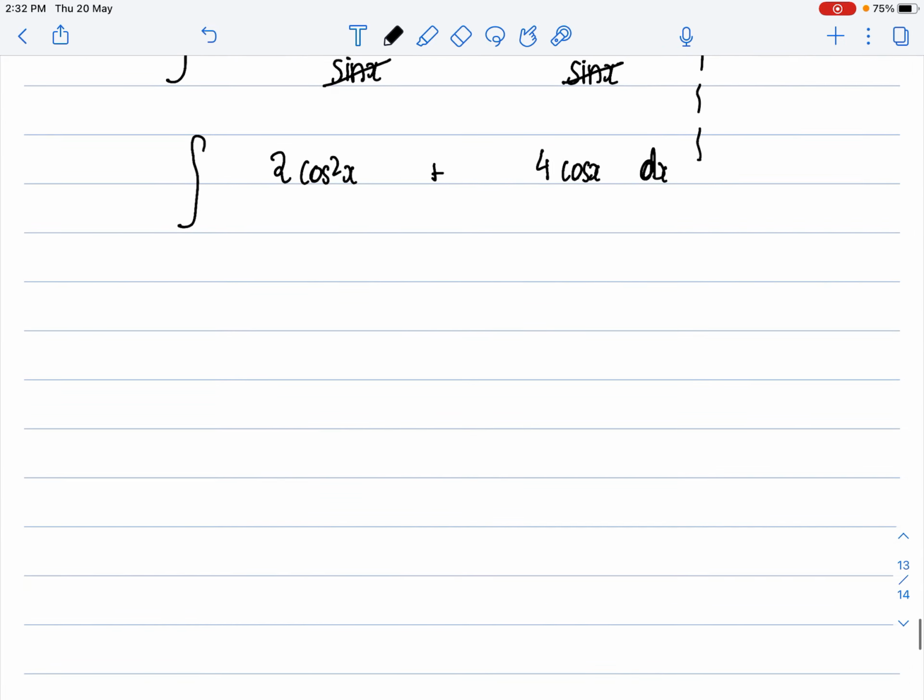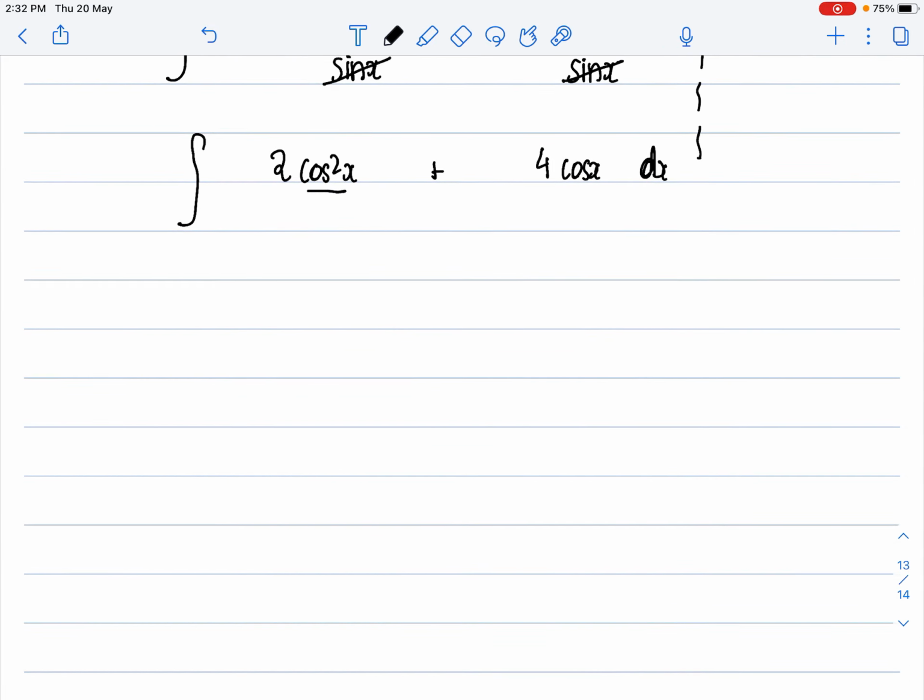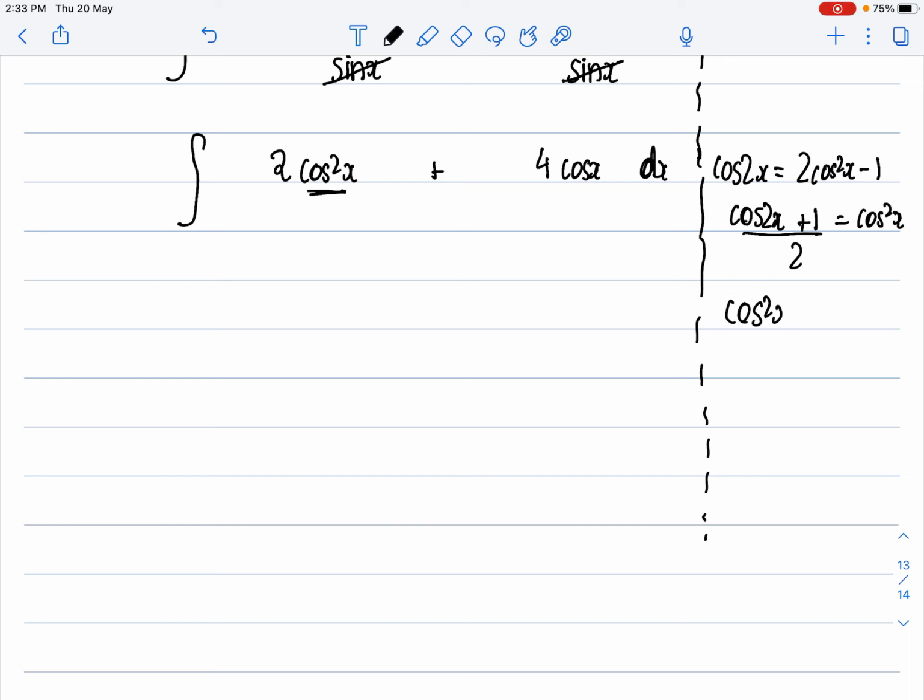Now, another thing we need to know here is that cos square x can never be directly integrated. So you need to know another trig identity here, which states that cos 2x is equal to 2 cos square x minus 1. So I can write this as cos 2x plus 1 over 2 equals cos square x, which can be written as cos square x equals cos 2x over 2 plus 1 over 2.